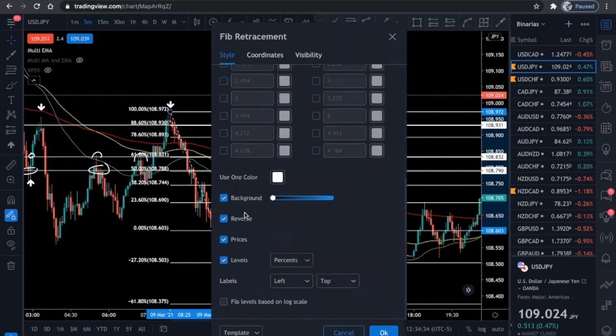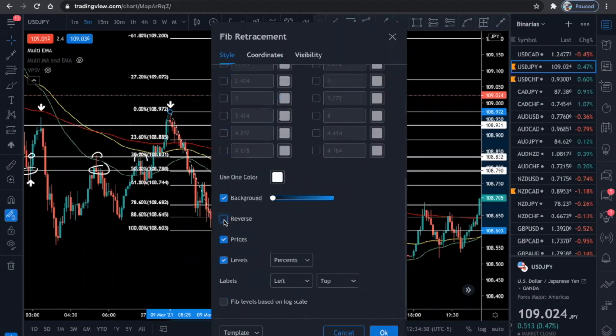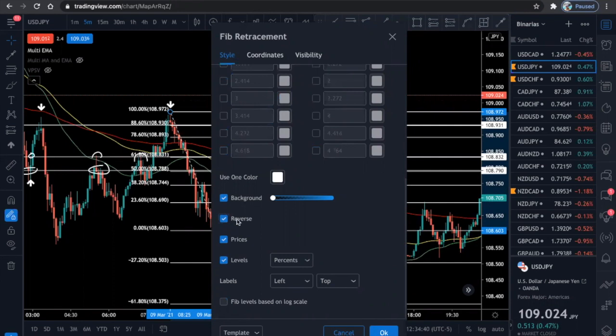I have my fib reversed. See if I change this, how it reverses. So since I have it reversed, I make it from the end to the start of the trend. TradingView gives you the standard one that is without reverse. It's just the normal one.